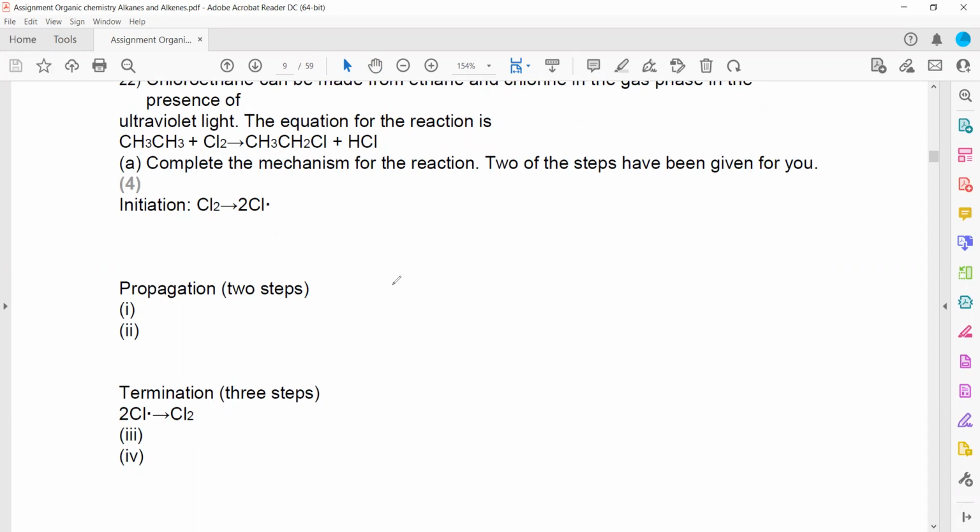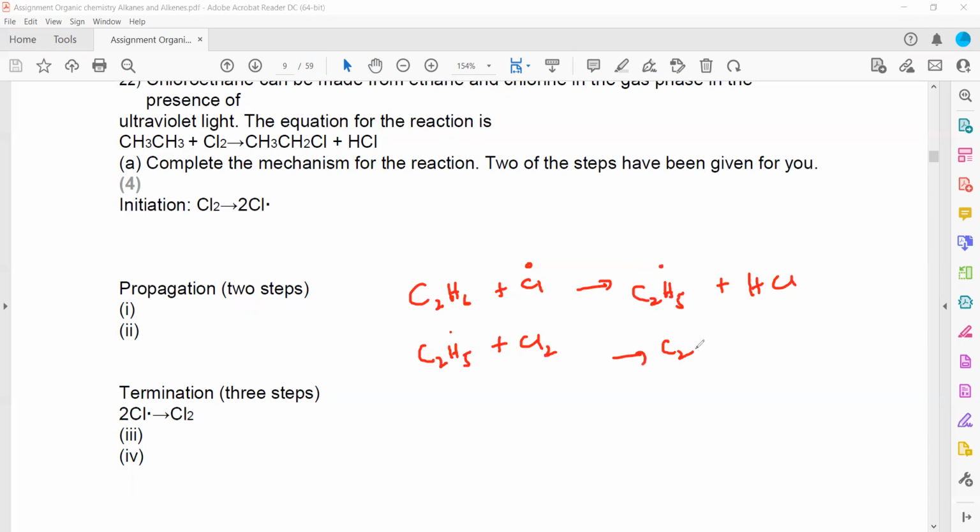We have C2H6 plus Cl radical. As a result, it produces C2H5 radical plus HCl. And then this C2H5 radical reacts with another chlorine molecule. It will produce C2H5Cl plus chlorine radical.